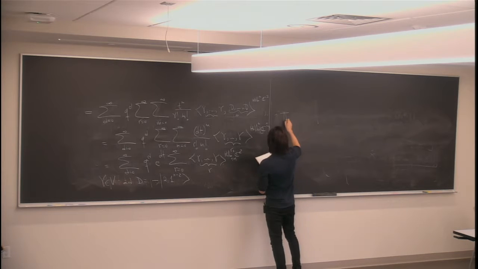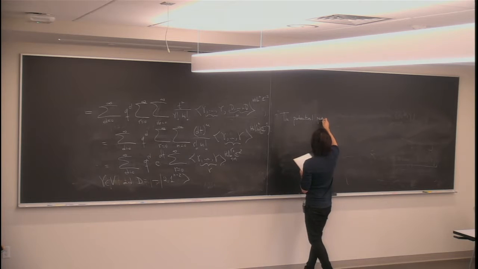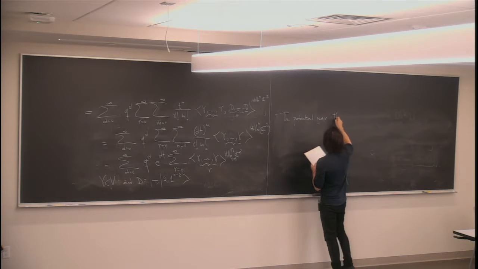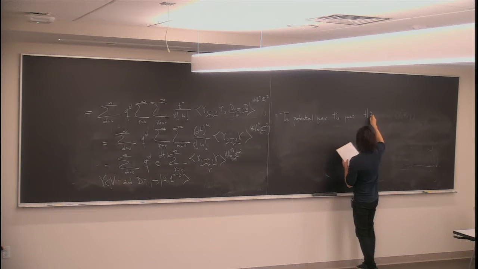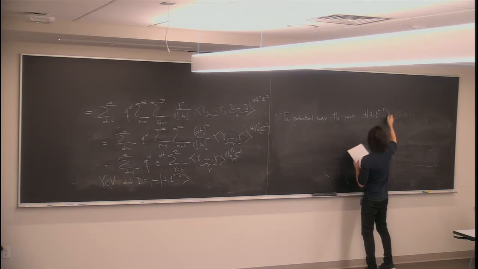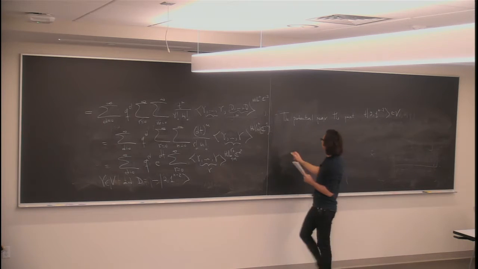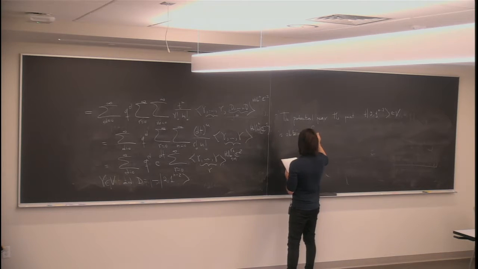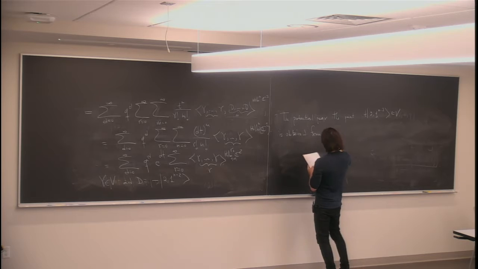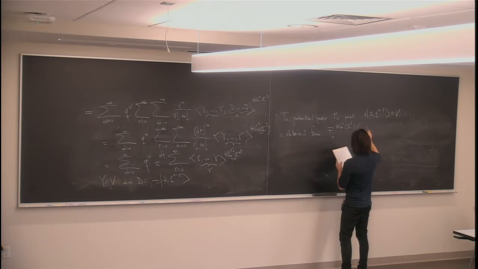The potential near the point T1 minus 2 in V is obtained from F0 tilde of C2 minus T.